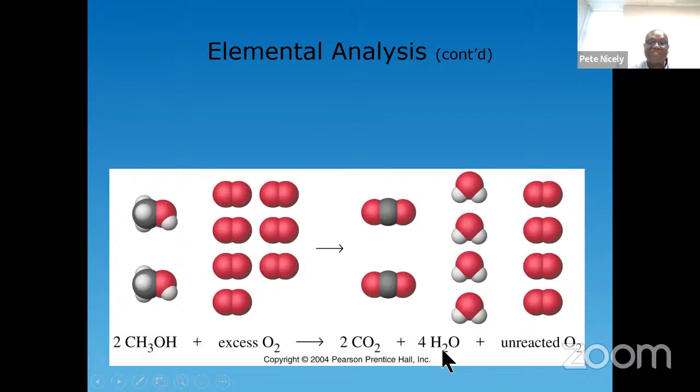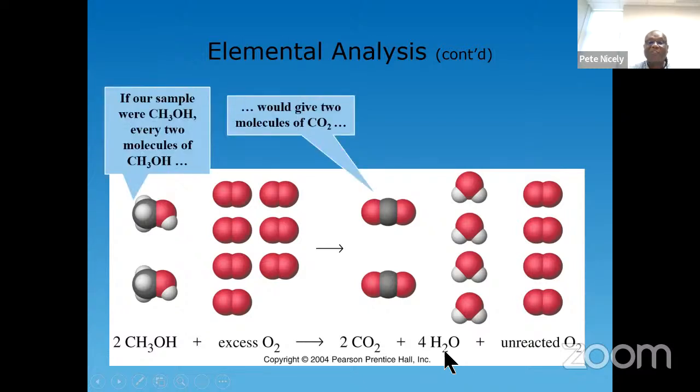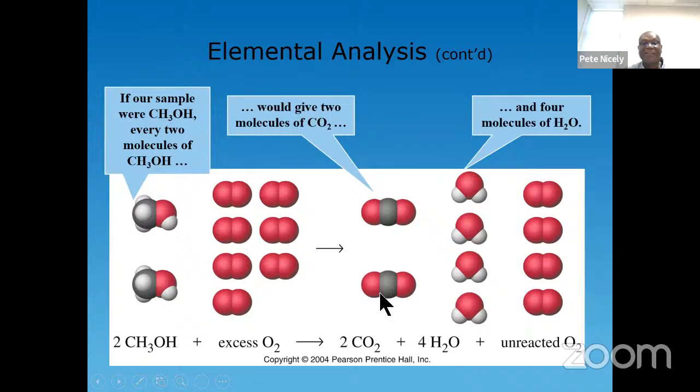If you can determine the mass of hydrogen in the water that is produced, you can determine the mass of hydrogen in the original compound, all right? Now, of course, the oxygen will be in excess, so after some of the oxygen reacts with the organic compound to form carbon dioxide and water, you're going to have some unreacted oxygen remaining.